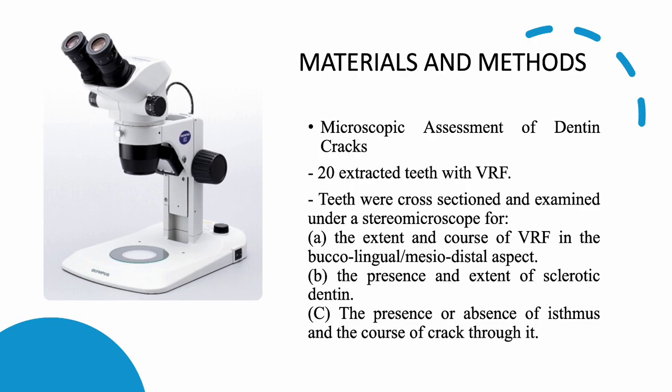Also, to evaluate the presence and extent of sclerotic dentin, the presence or absence of isthmus, and the course of a crack through these isthmus. The presence of pentosidine, collagen cross-linking ratio, and the mineral collagen ratio was determined using Fourier transform infrared spectroscopy.